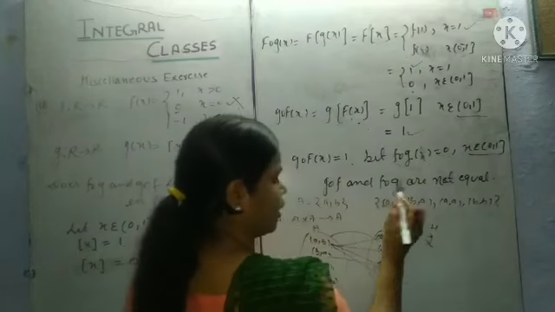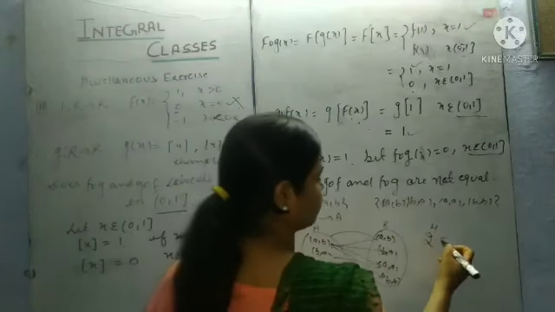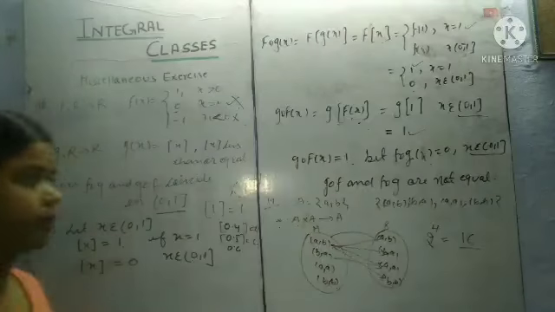How many elements? 1, 2, 3, 4. So we get the answer 16.